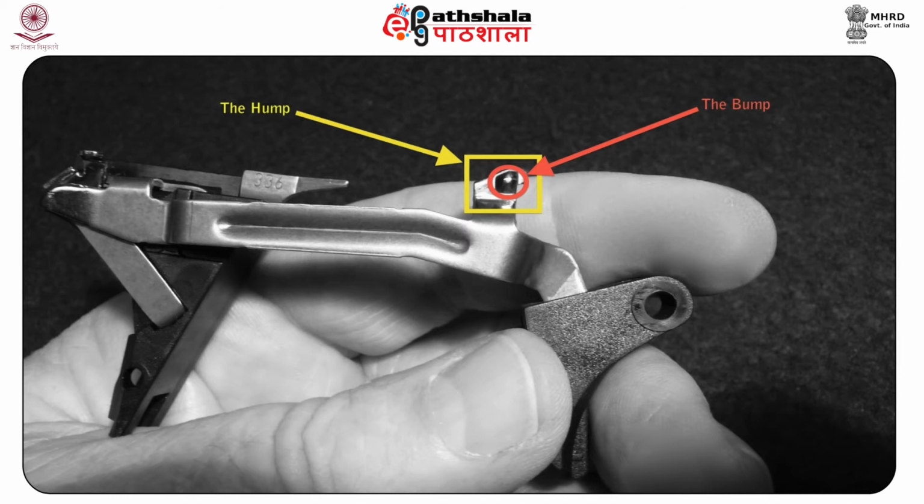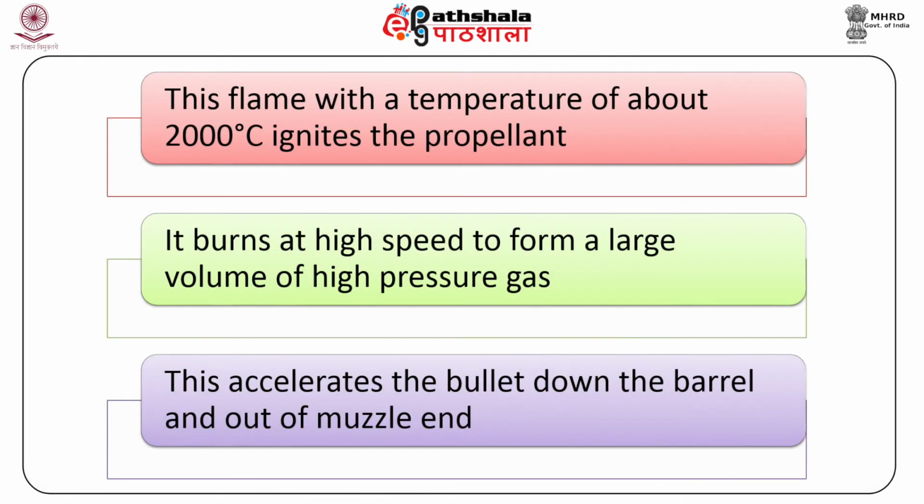First is ignition. When the firing pin strikes the cap, the priming compound explodes with great velocity, causing a jet of flame of extremely high temperature to pass through the flash hole into the propellant chamber.